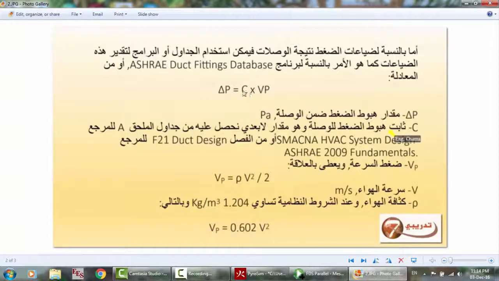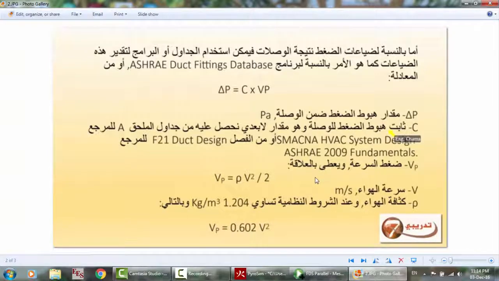You can find it in the Magna HVAC system design, in Appendix A, or in chapter F21, duct design, in ASHRAE 2009 or the latest ASHRAE Fundamentals. Okay, and VP is the velocity pressure.